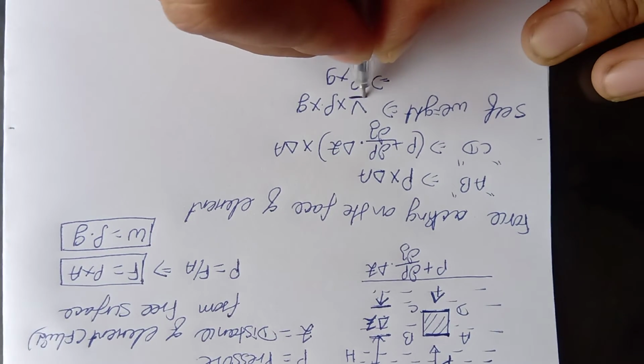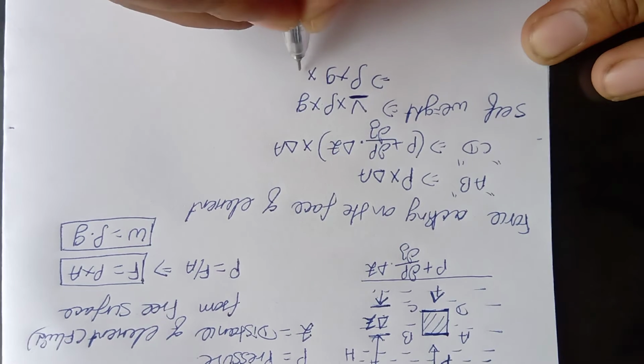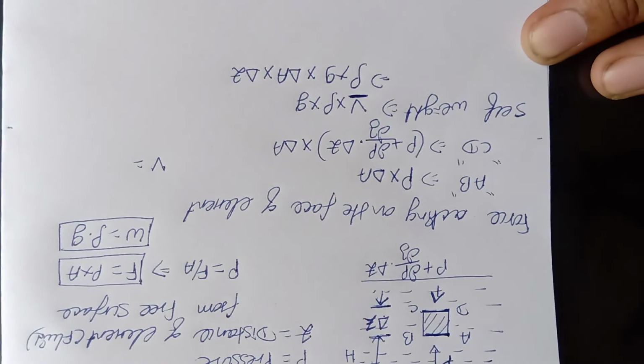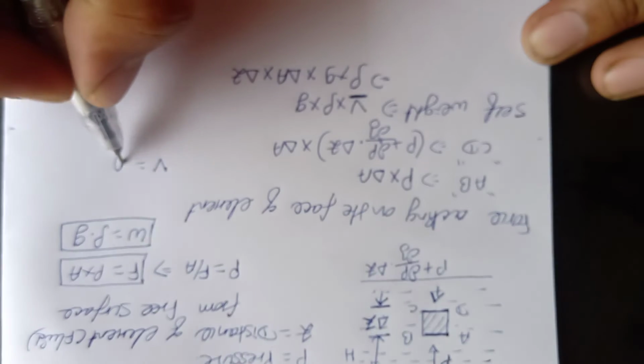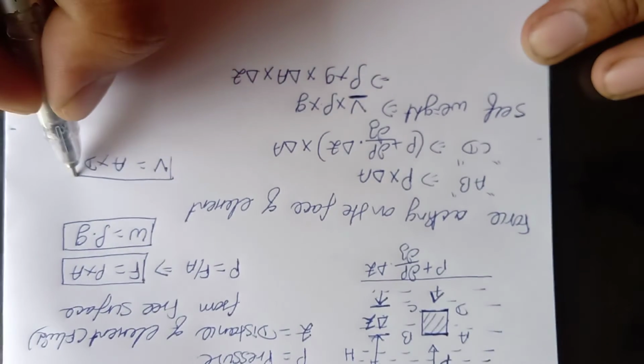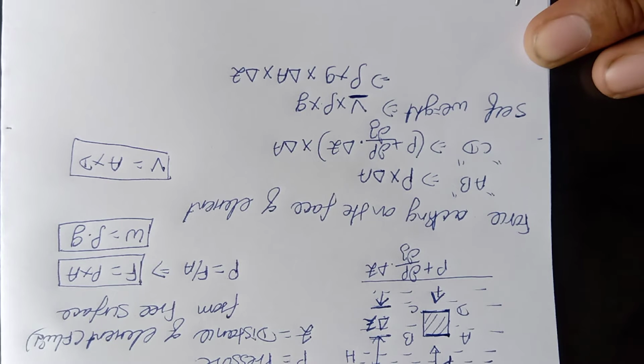This volume can be written as area into depth, so area is delta A, depth is delta z. So self weight is equal to rho g into delta A into delta z. So these are the forces acting on the faces AB, CD and this self weight.